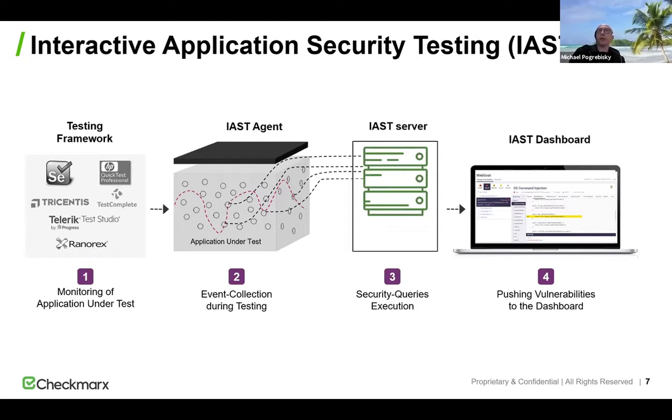So in a way, it's an in-between approach between SAST and DAST, because the application is up and running, but we do have an agent sitting inside the application, so it's not fully black box. And we're not deliberately trying to break the application, but rather leveraging an existing testing suite and getting security testing results, more or less as a byproduct of the regular testing process.